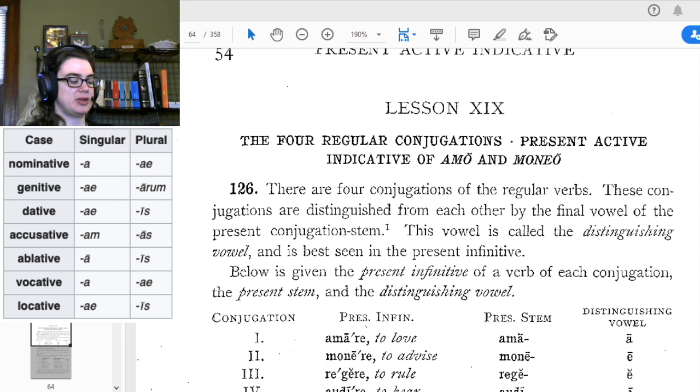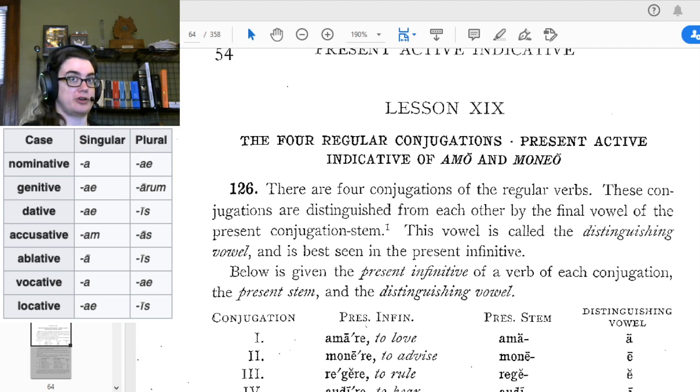Especially, again, if you're doing this to really be comfortable with Latin, take the time between the weeks. Today, we're going to go over the four regular conjugations. I don't know if it's going to be just the present active or if we'll also get the imperfect and the future. But here we go.